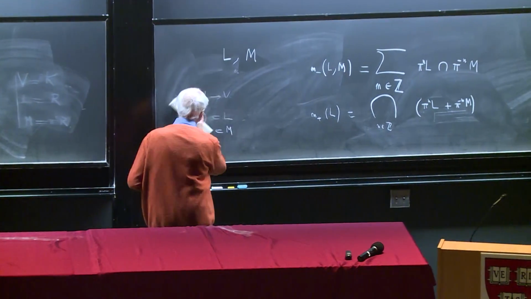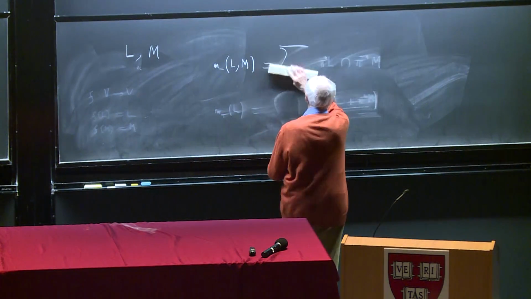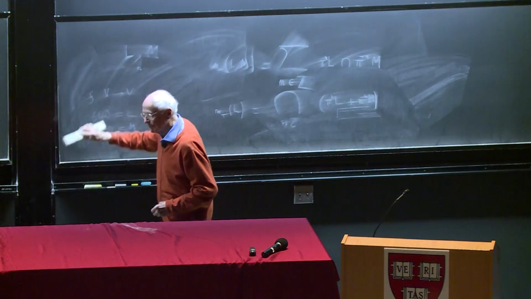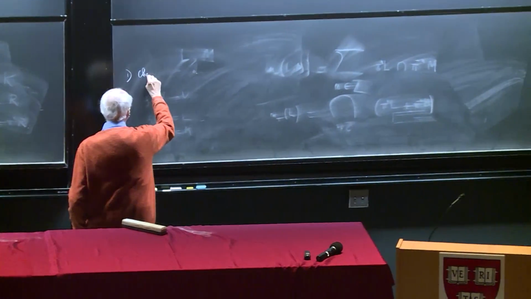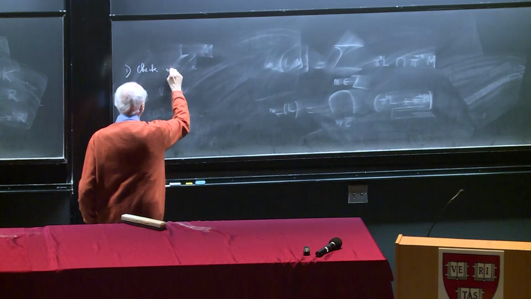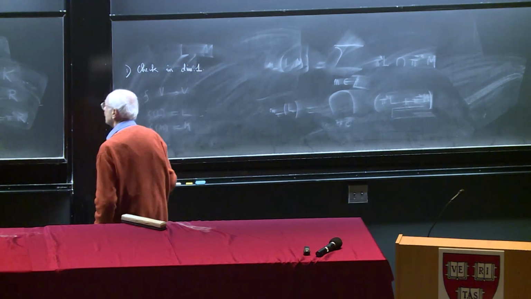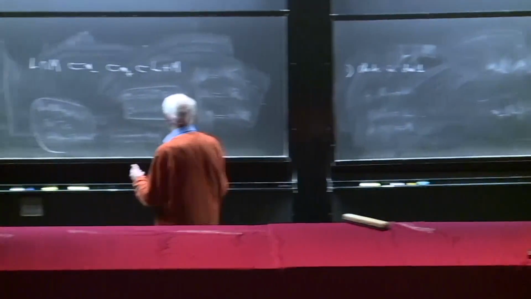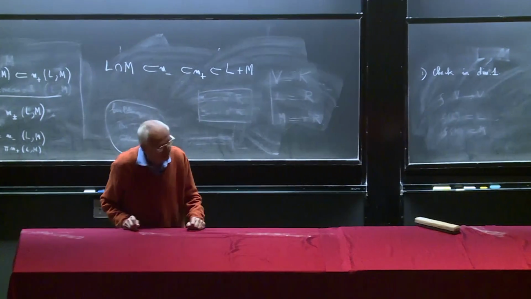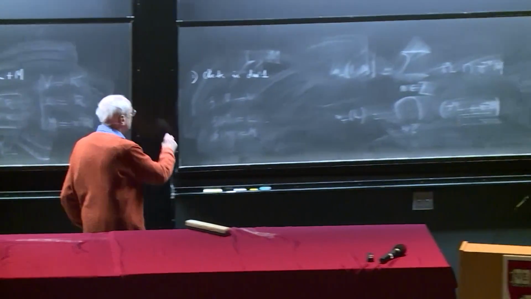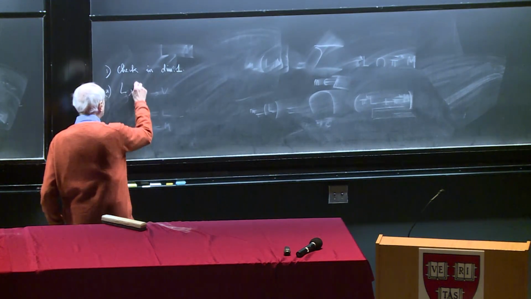The way to prove them is the following. First, you check them in dimension 1. They are usually totally obvious because the only lattices are just the pi^a times something. Really nothing to do.